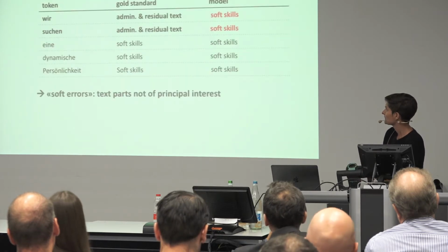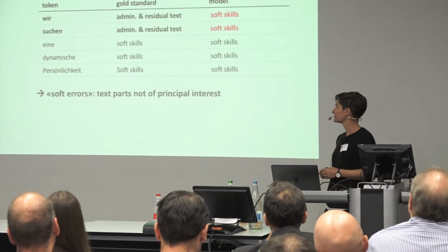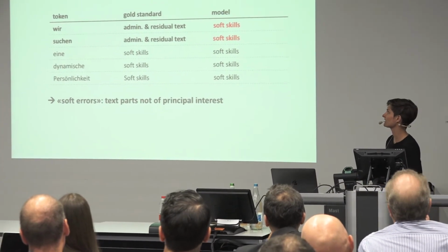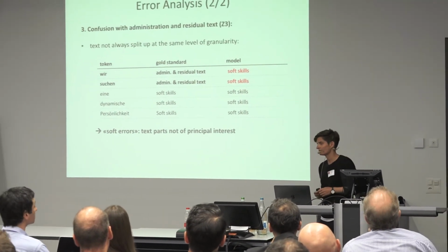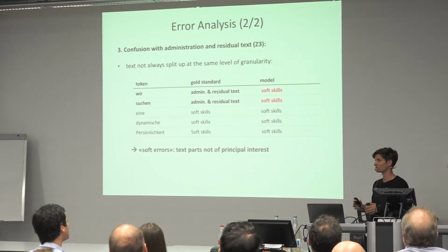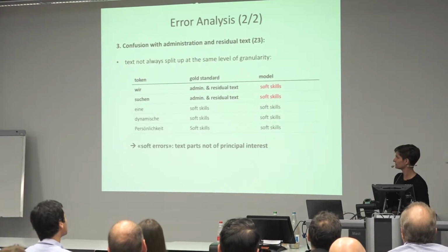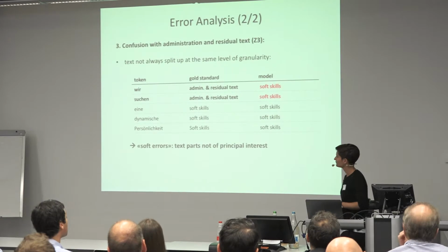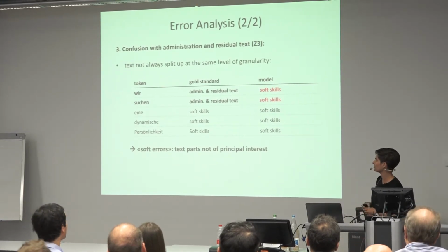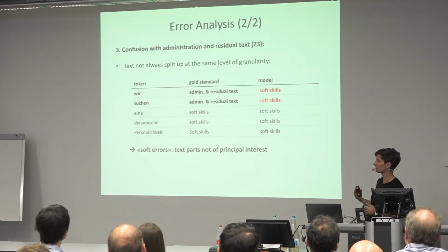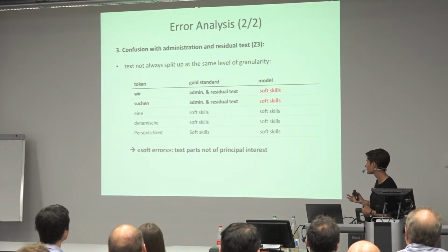And the third source of errors with the administration and residual text, this is related to the fact that the text is not always split up at the same level of granularity in the gold standard. So here in the example, in the beginning, wir suchen is in the gold standard part of the residual text, but this was not always done exactly this way.